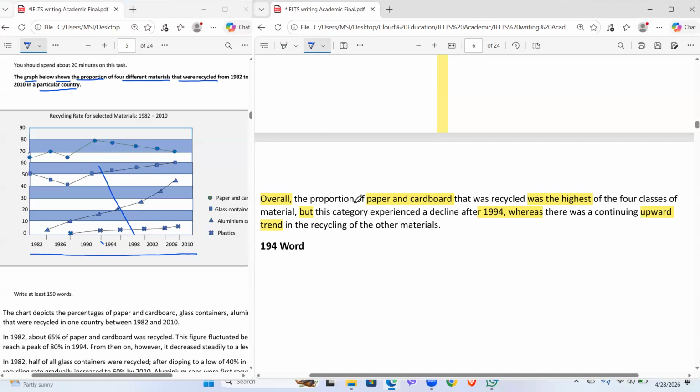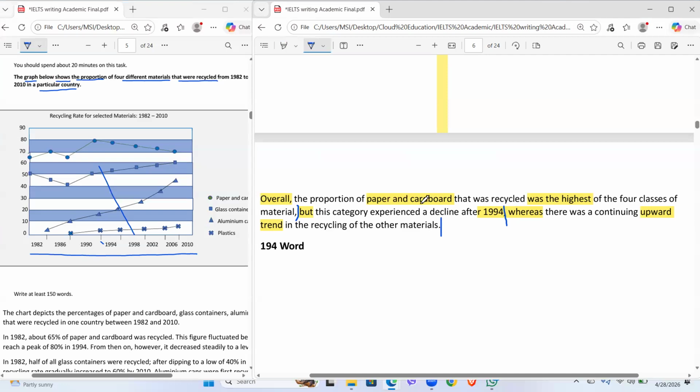So sentence structure, you can also learn from here. The proportion of paper recovered that was the highest of 4 classes of material. Up to here is 1 idea. But this category experienced a decline after 1994. Up to here, another idea. There was a continuing upward trend in the recycling of other materials. This is another.